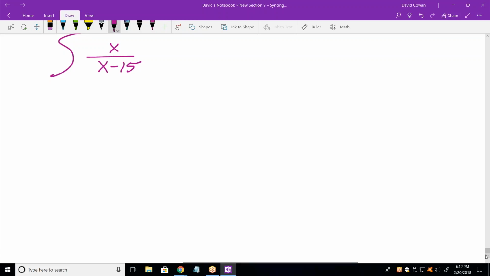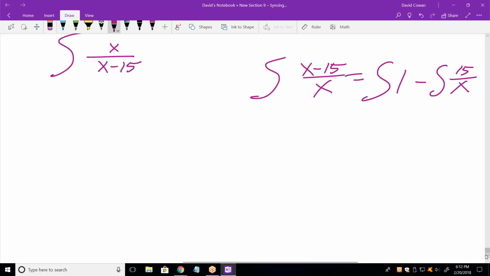Notice that if I had this, it would be no problem, because I could split it up into the integral of 1 minus the integral of 15 over x. I can do both of those easily. Where it's a problem is when you have two terms in the denominator and only one in the top, which is the problem we have.